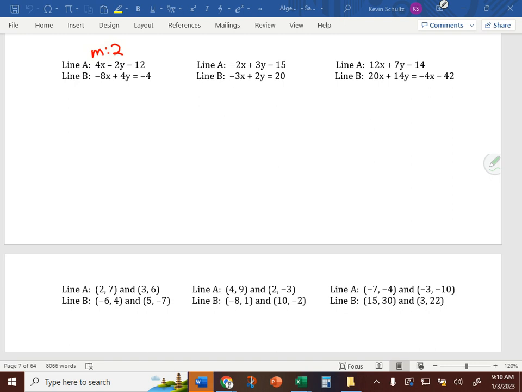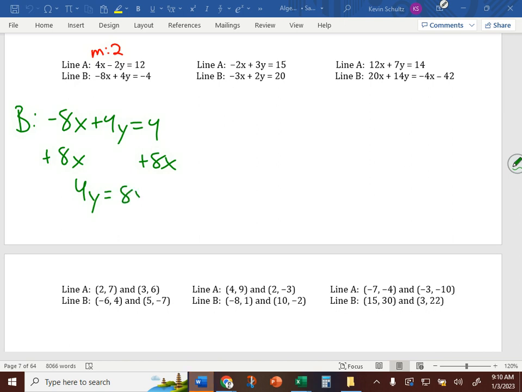Line B, negative 8x plus 4y equals 4. So to convert to slope-intercept form, we're adding 8x to both sides. Opposite operations, move that x term over. So 4y equals 8x plus 4. Divide both sides by 4.